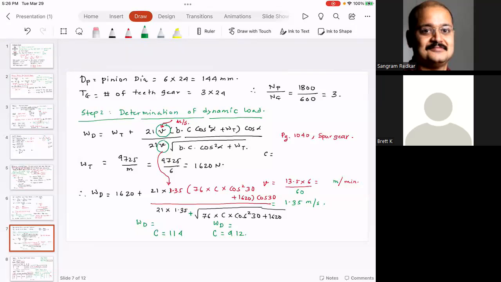Depending upon the assumptions you make, the error actions you choose, and the table that you refer, you would get two seemingly very different values. But just once, please tell me the values of WD for the two different values of C that we just found out.